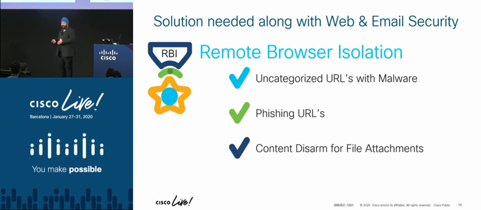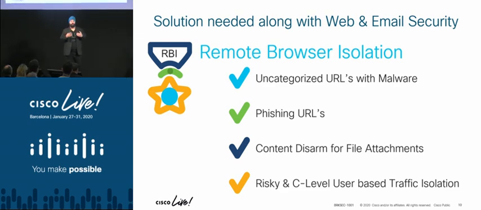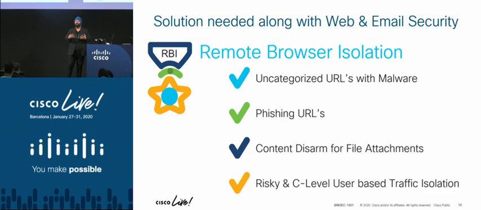And lastly, if you have your C-level or top execs, you want to make sure their traffic gets to this RBI solution along with whatever you're using as your web security or email security. So this is what we define as the important use cases on why you would like to look at an RBI solution, okay?